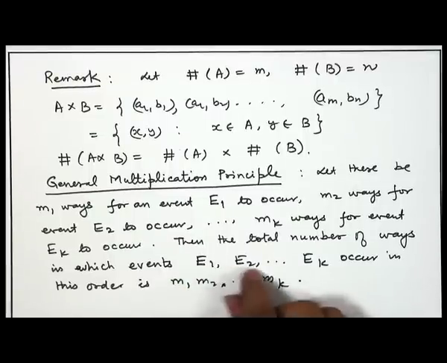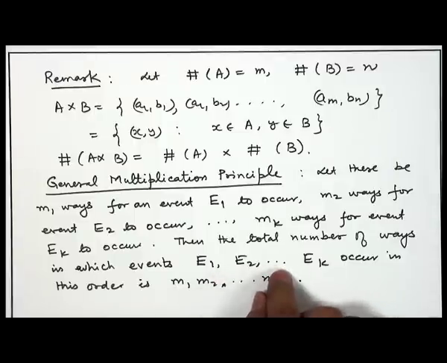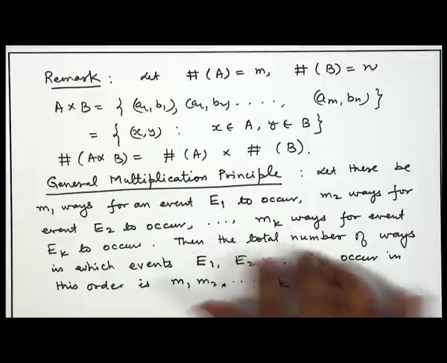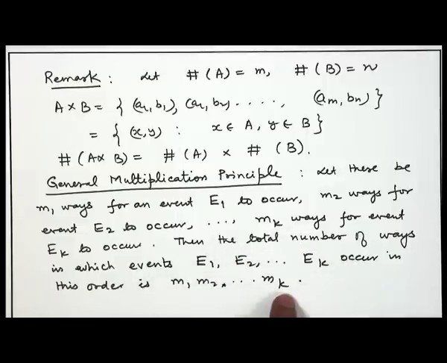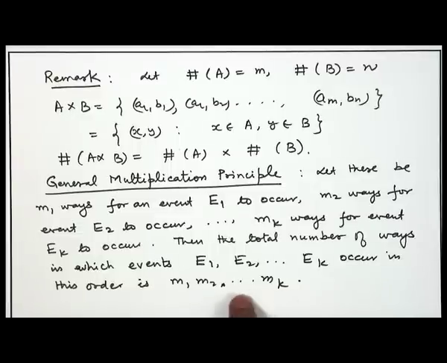Now, since multiplication is commutative, you will receive the same answer if I conduct the events in any other order. For example, I may firstly say E3 occurs and then maybe E7 occurs and then E1 occurs. So, in any other order if I write, still the number of ways will be the same.